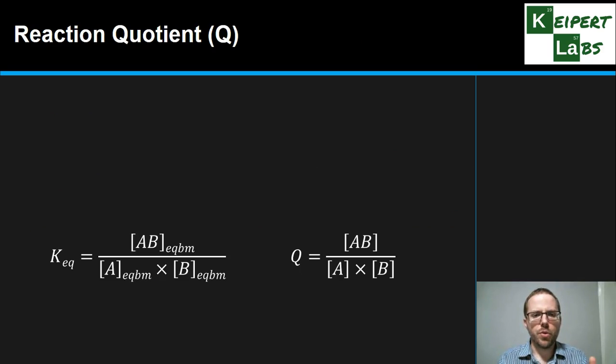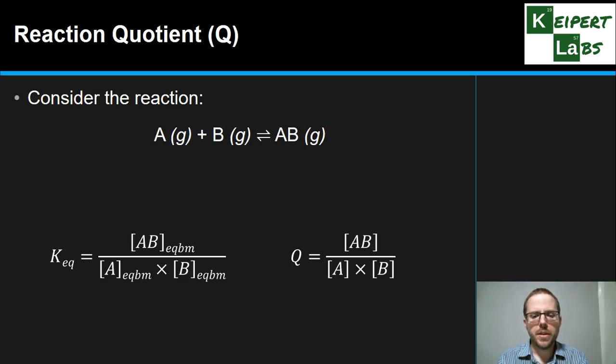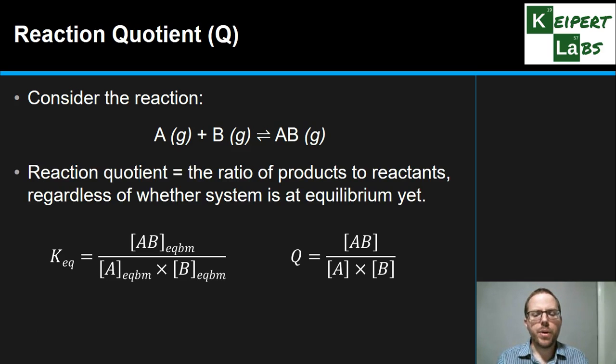This idea is called the reaction quotient. If we look at the reaction of A and B reacting together to form AB, the reaction quotient is the ratio of the products to reactants regardless of whether the system is at equilibrium yet. So it's the same ratio of products over reactants, but at the concentrations at that time.